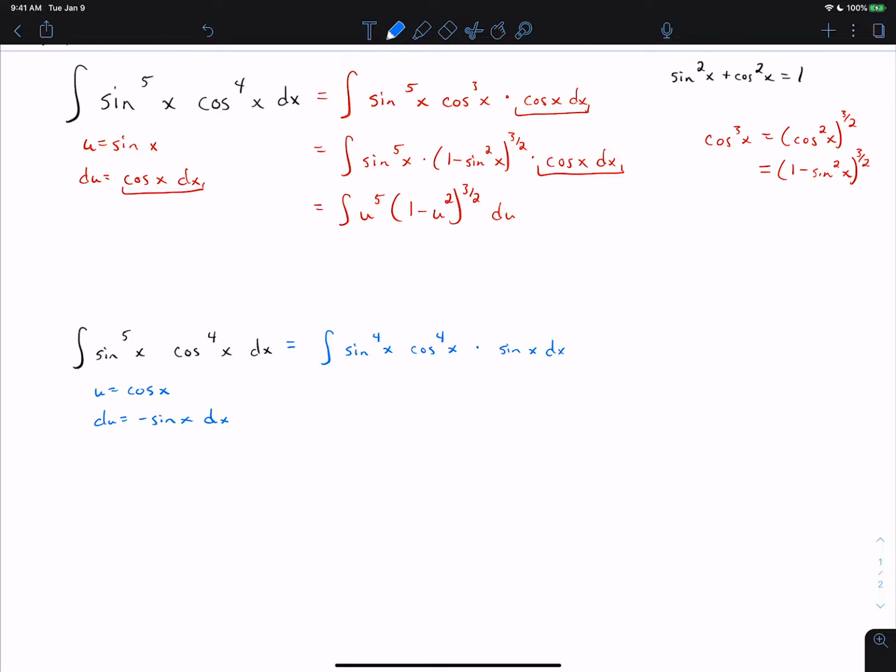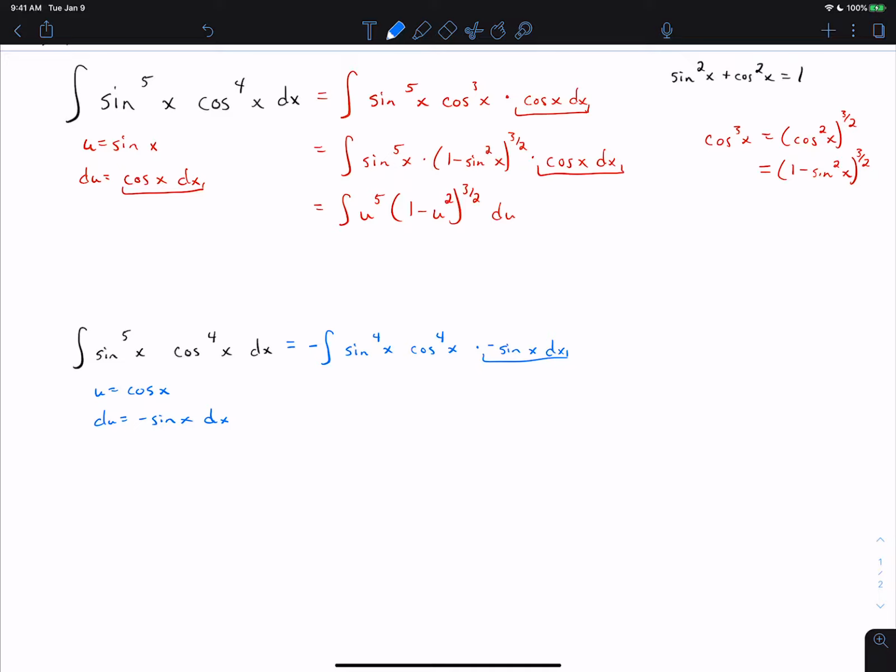So we're separating sine to the fifth into 4 factors of sine at the beginning and then 1 factor of sine at the end. Du is negative sine x dx, so we're going to multiply inside by negative 1. That means we also have to multiply outside by negative 1. Now we've got the du at the end of the problem.